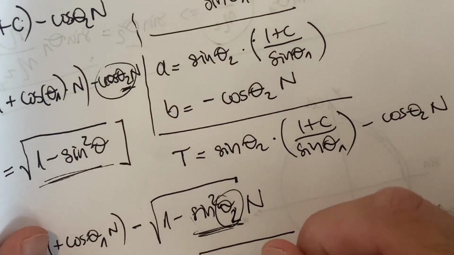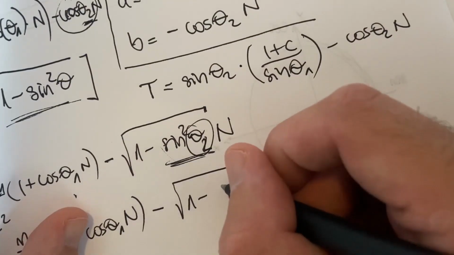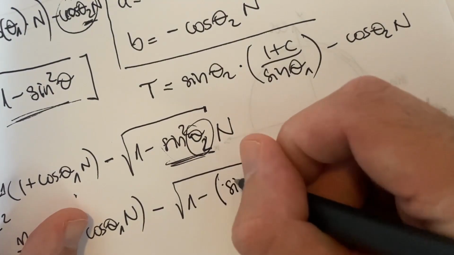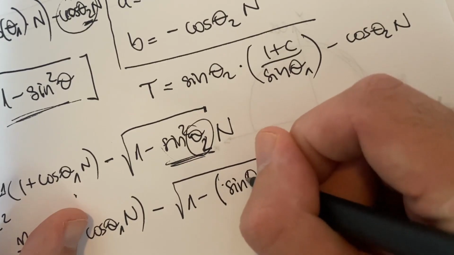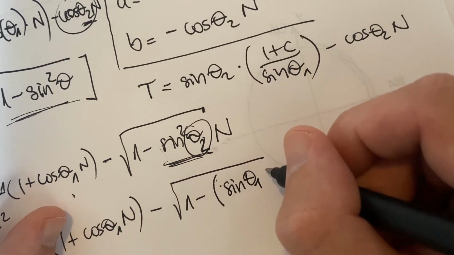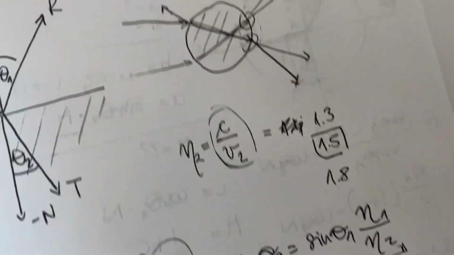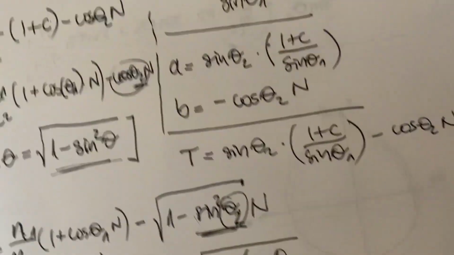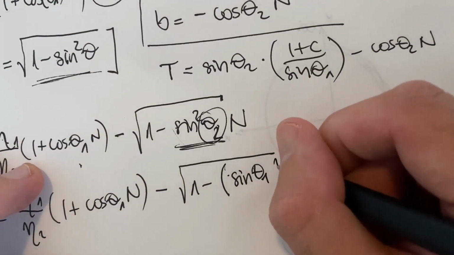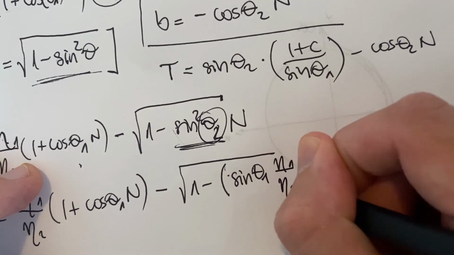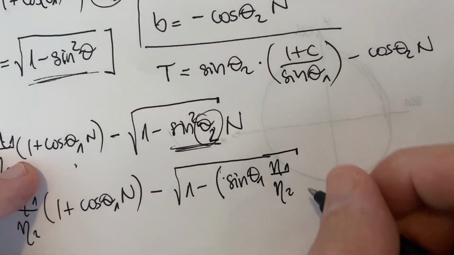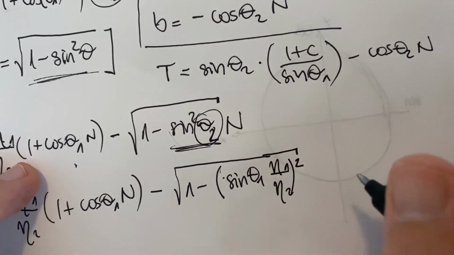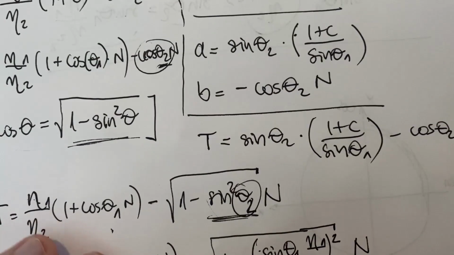So we're going to say that we have sine theta 1, and let's see how the ratio went. Yeah, we have eta 1 and eta 2 like this, and that's squared, and then times n.